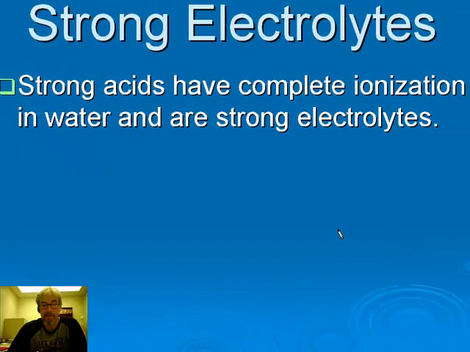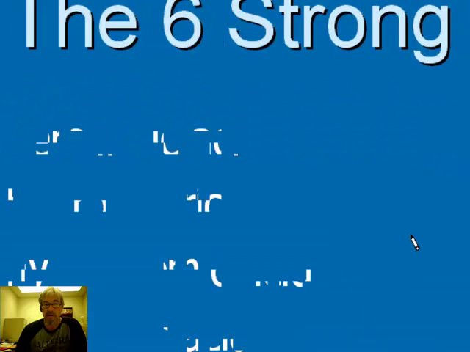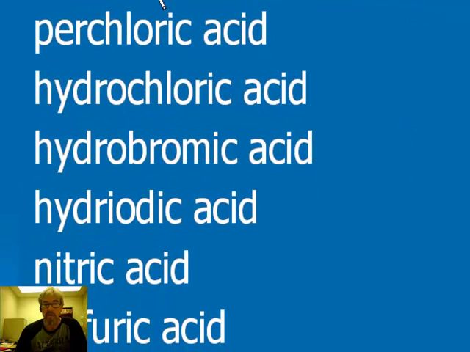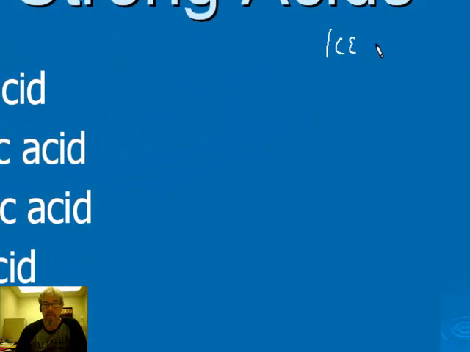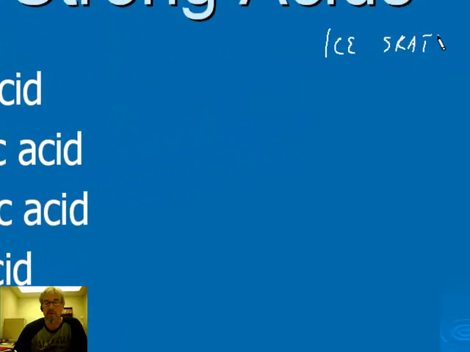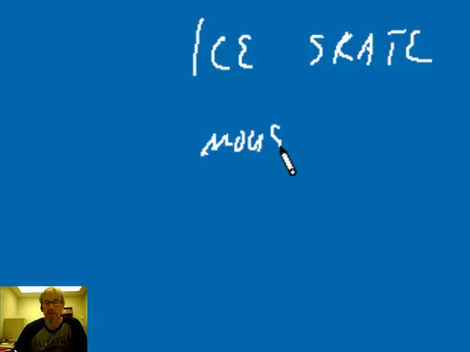Strong acids have complete ionization in water, and they are strong electrolytes. This is a short list. There are only 6 of them, and you should learn what they are. Here are the 6 strong acids, and I'm going to review acid naming for you here with this little device, ice skate and mouse bite, our little memory tools.